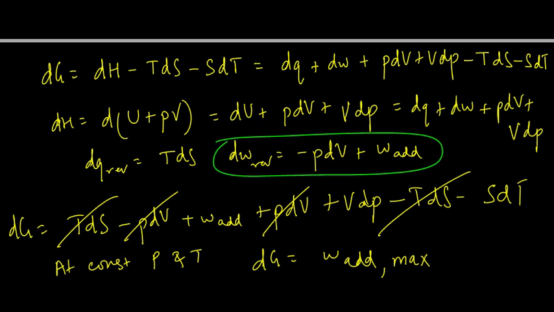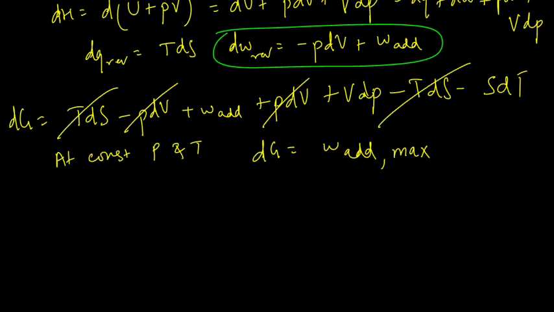Okay. So then we are ready with a few things over here now. The criteria for spontaneity. Let me just sum up everything now. What have we seen? dS at constant U, V, or dS at constant H, P, is greater than or equal to 0.